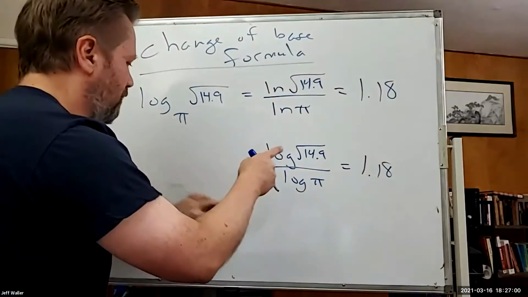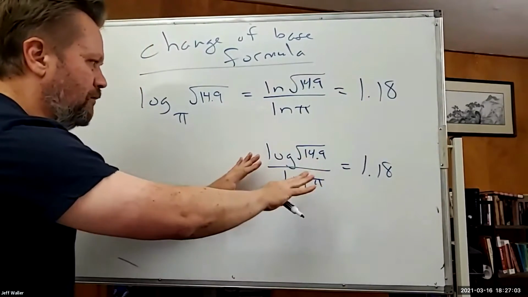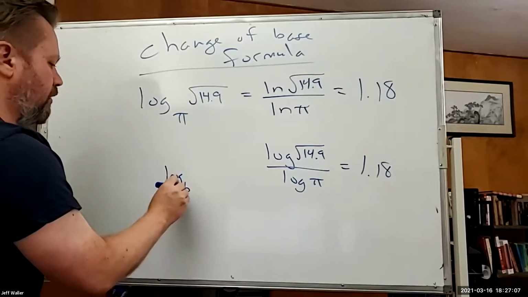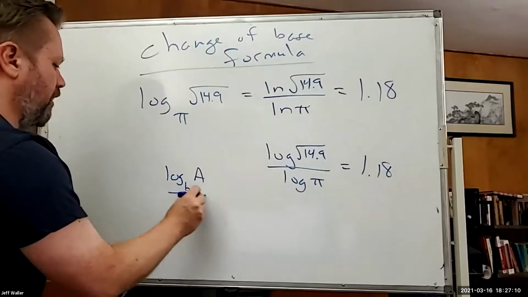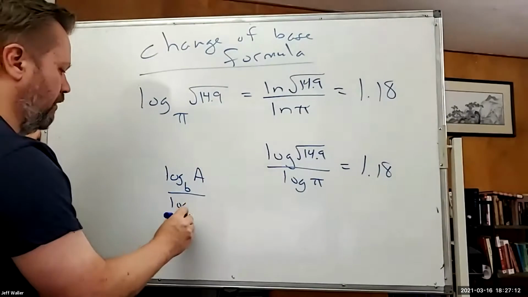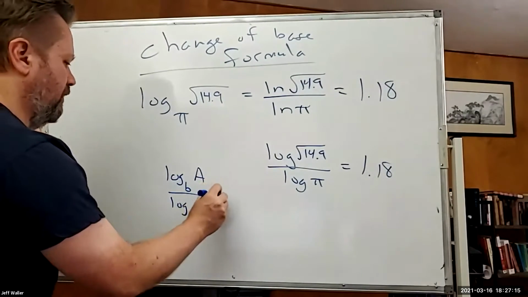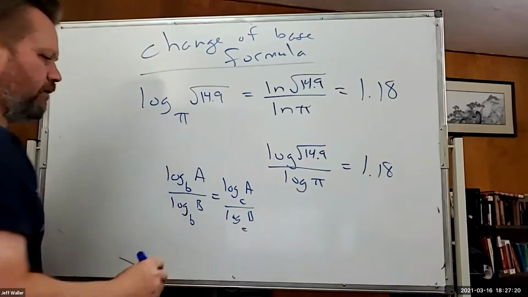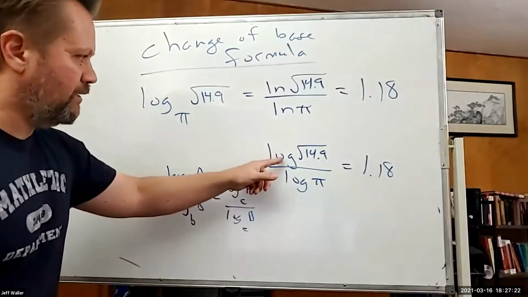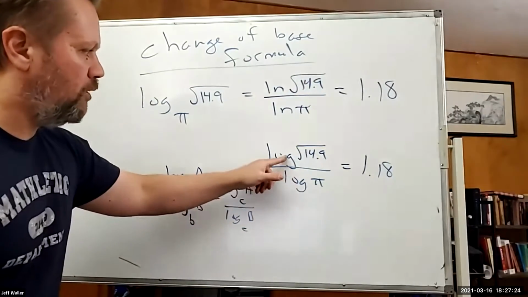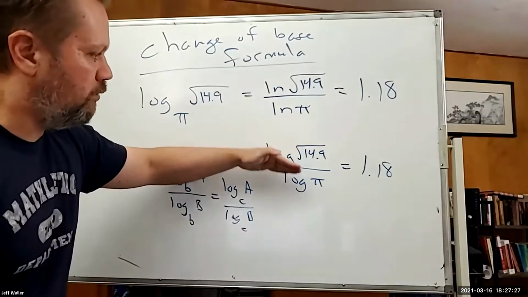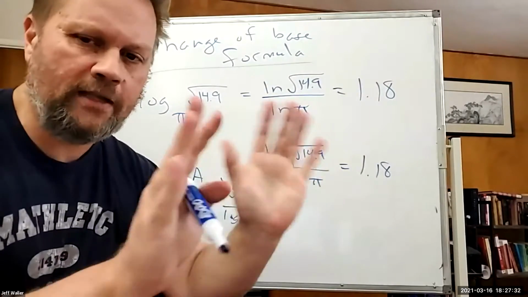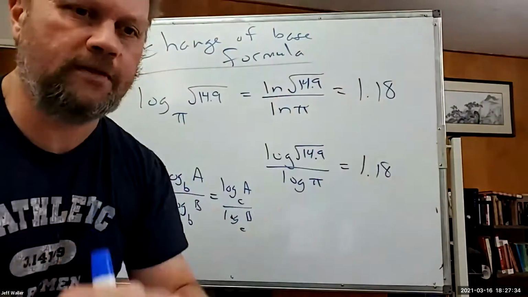This is a side note, but this says that the log base anything of something divided by the log base anything of something else is equal to the log base something else of that thing over the log base something else of that thing. It actually doesn't matter which logarithm you use. The ratio of the two logs is going to be the same thing. That's an interesting side note, but don't get too stuck in it.